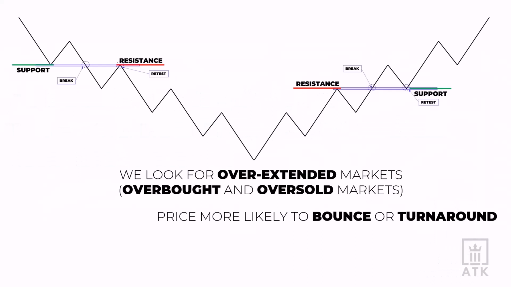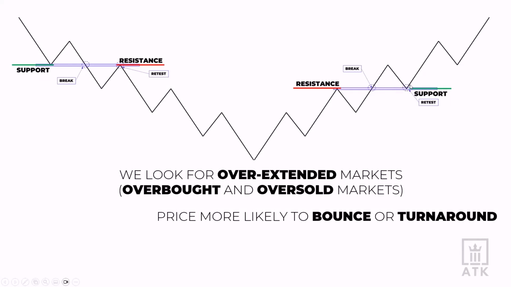So essentially what we're doing is we're looking for an overextended market, that the market is pushing up or pushing down and it's overextended. It can't go any lower. It's either overbought where it can't go any higher, or it's oversold where it can't go any lower.